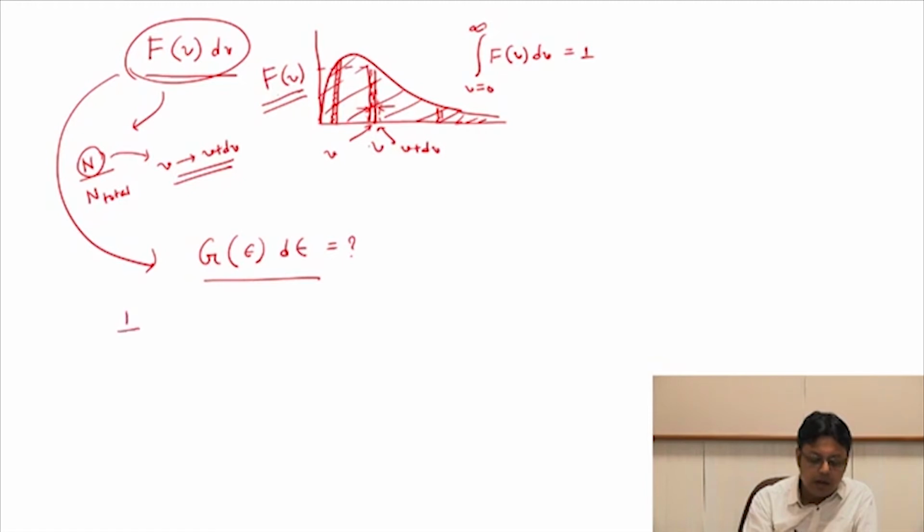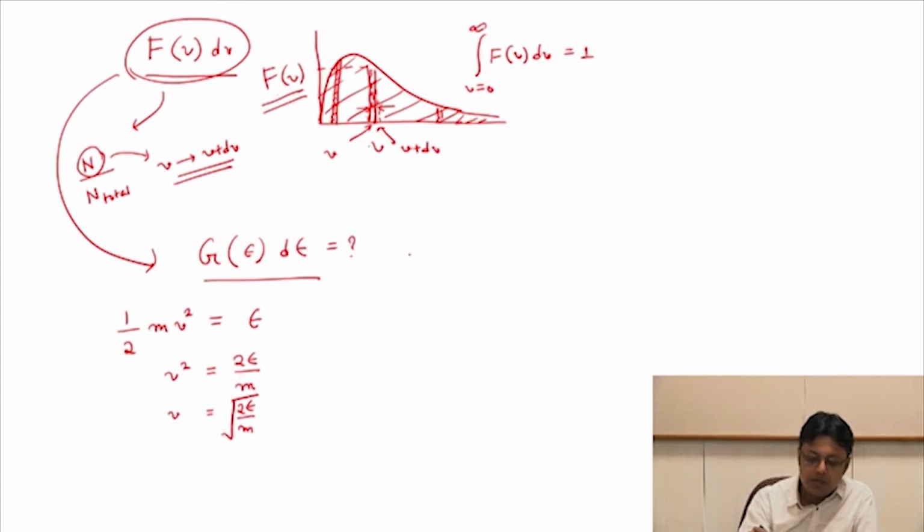We know that half mv square is the kinetic energy, and here energy means the kinetic energy itself. So wherever I have the v square term, I can easily replace it, so v square will be twice epsilon by m, or v is nothing but the square root of twice epsilon by m.